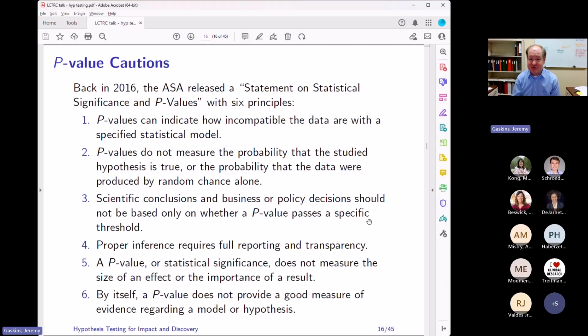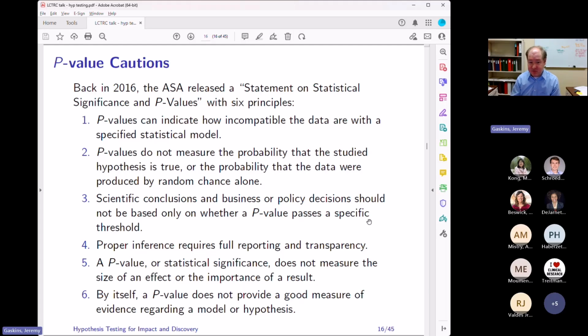Firstly, p-values indicate how incompatible the data are with a specified statistical model. Like I said, we should think about the p-value as the level of agreement between our data and the null hypothesis, the null hypothesis being the specified statistical model they're talking about. Number 2, p-values don't measure the probability that the studied hypothesis is true or the probability that the data were produced by random chance alone.